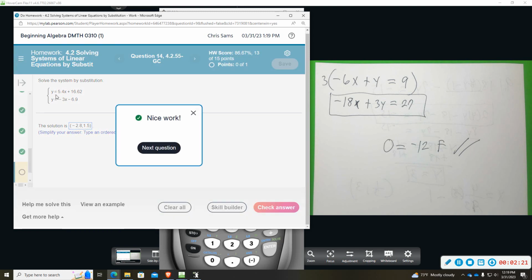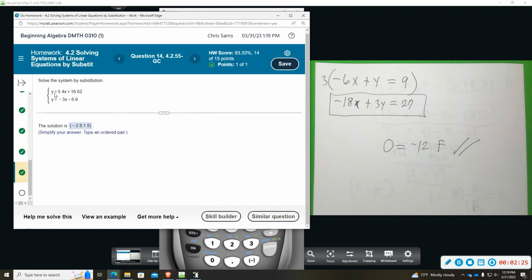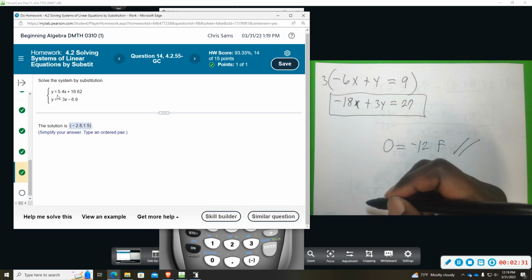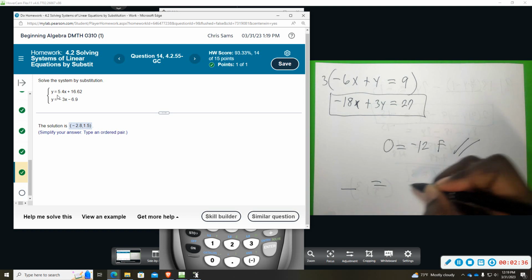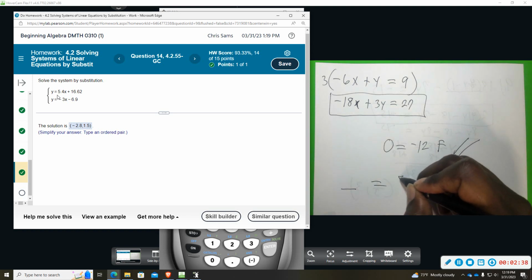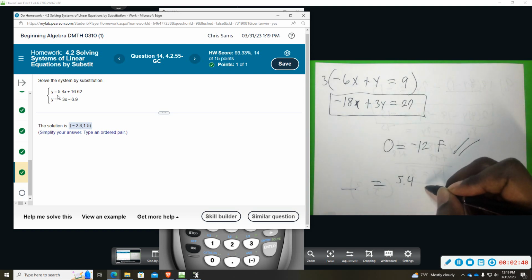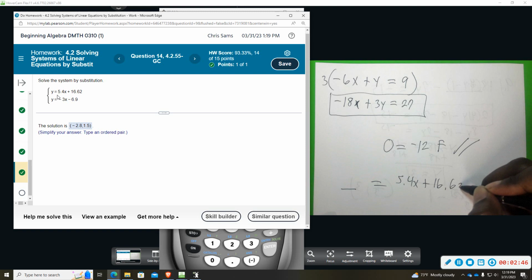Still, you can plug it in and substitute. Since they're both solved for y, I'll just show you what you would want to do. You would substitute for y, and so you would have blank equals, and I'm writing the first equation, 5.4x plus 16.62.